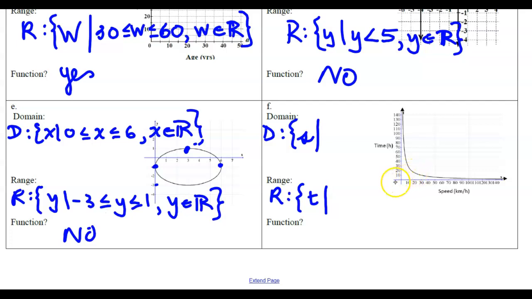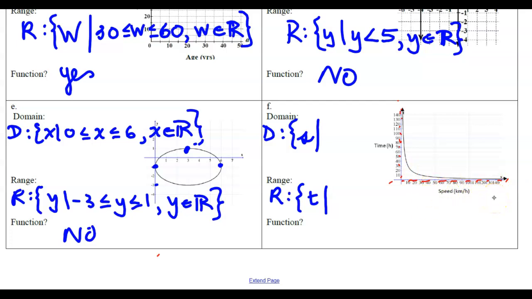This one here has what we call asymptotes. Basically, it's hard to tell, but that graph doesn't actually touch each axis. So we often show that with a dotted line, and the dotted line is what's called an asymptote. That means the graph gets really close to it, but never touches it. Think about it.